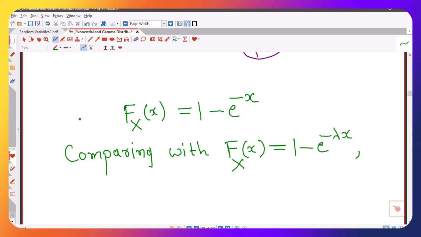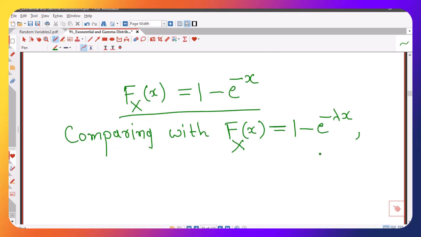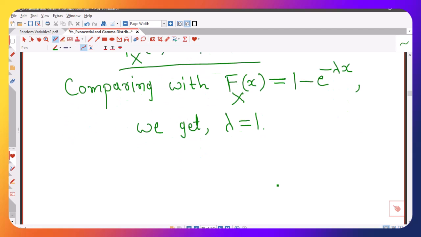So if we compare this given CDF with this CDF of exponential random variable, we have lambda equal to 1, and here X is exponential random variable, so we have ready-made formulas for the mean and variance of X.